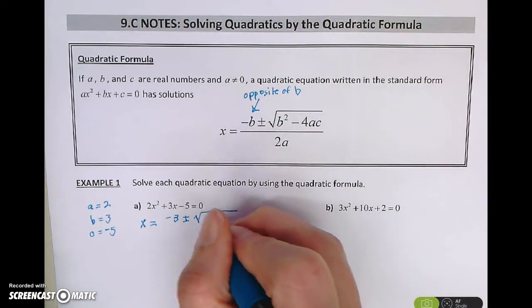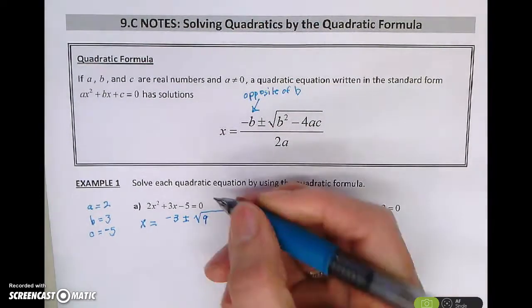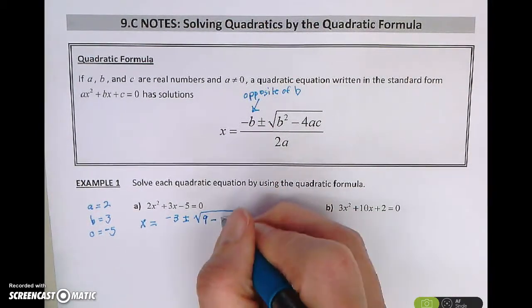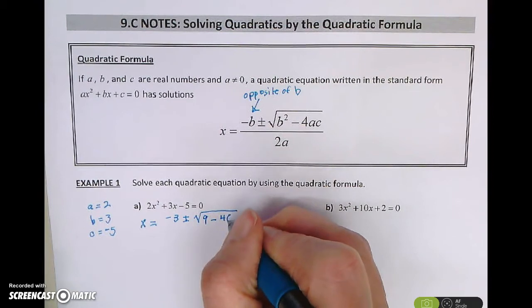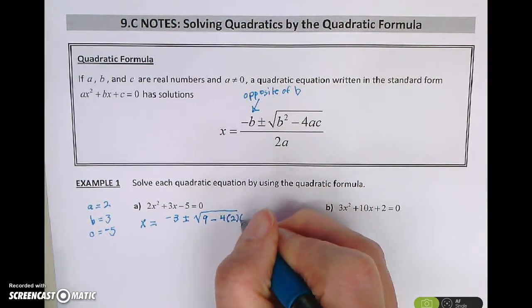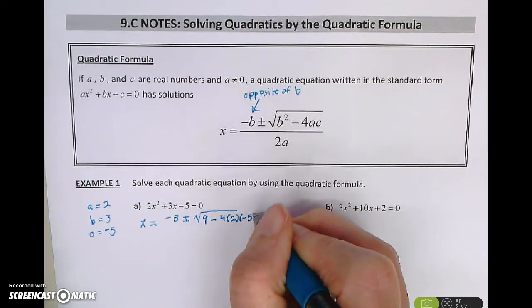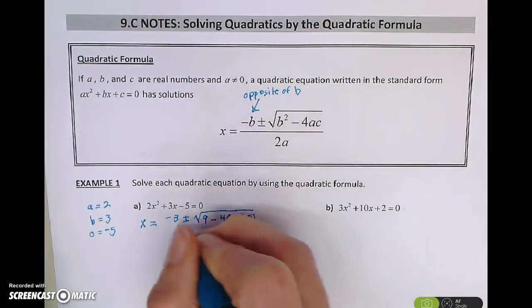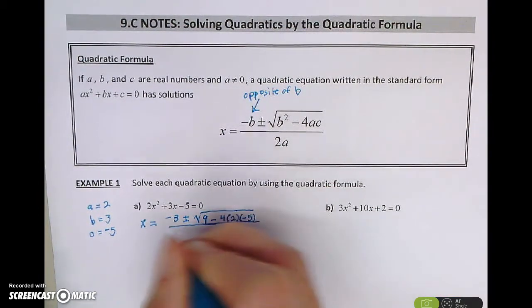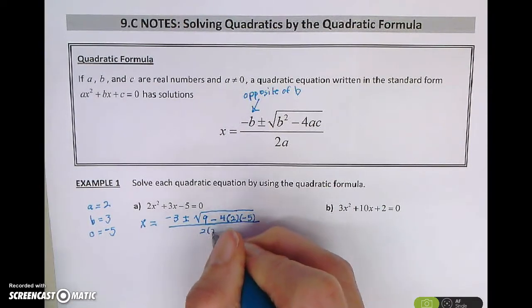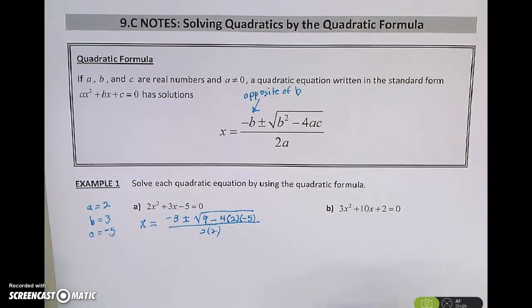So that's going to be 3 to the second power, which is 9. So I'm going to square that. And it's going to be minus 4 times a, which is 2, times c, which is negative 5. This is going to be all divided by 2 times 2 in the denominator.